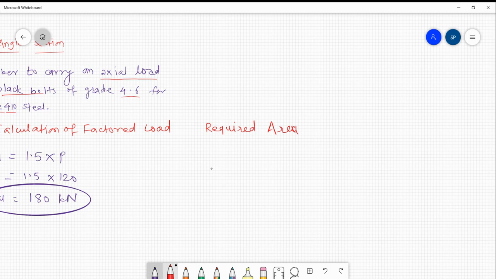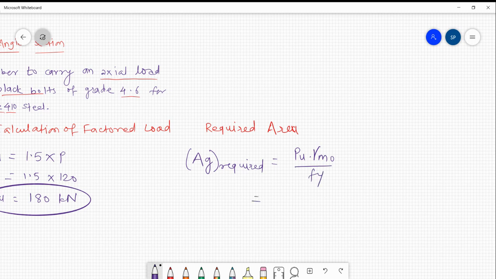In this we will be calculating area required, denoted by AG, A gross required. This is equal to, we will get this from the TDG expression, wherein TDG will be replaced by PU. So AG required equals PU multiplied by gamma M0 divided by Fy.